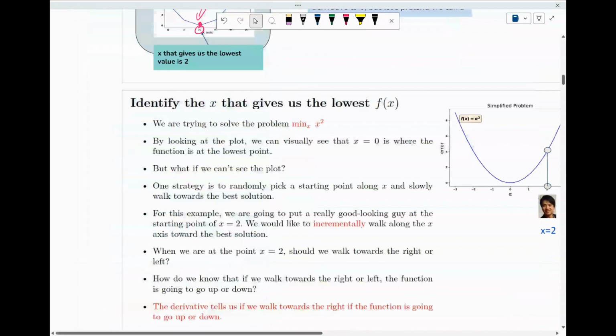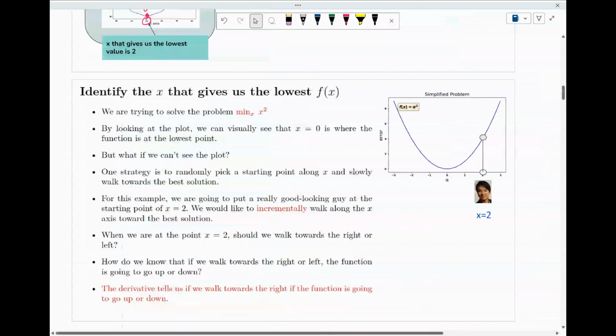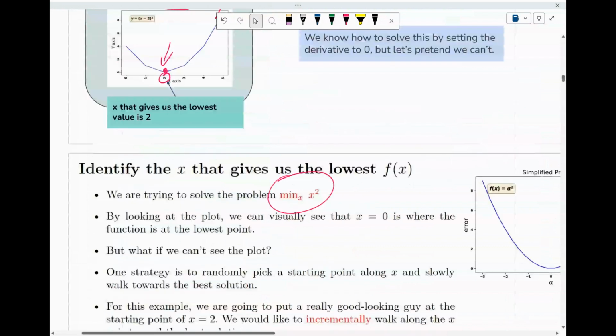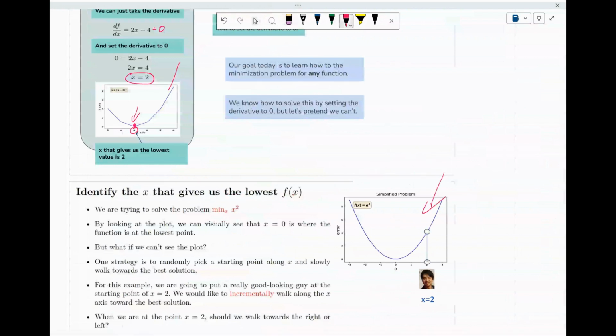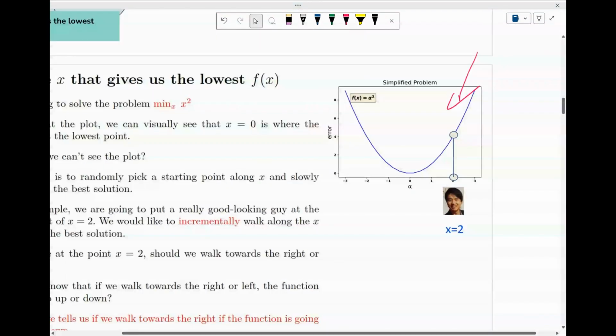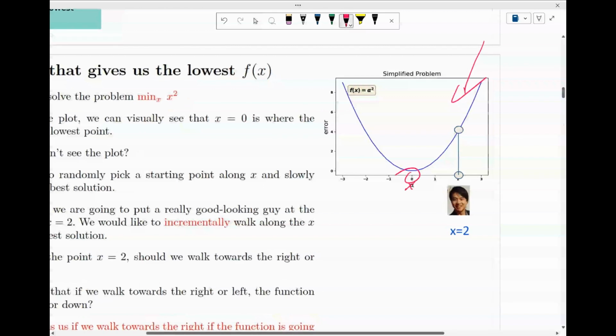To do this, we're going to start by looking at a really simple function. This is the function of a parabola. It looks like this, and just looking at the plot, you can visually see that the lowest point would be x equal to 0. At this point is where x is 0.